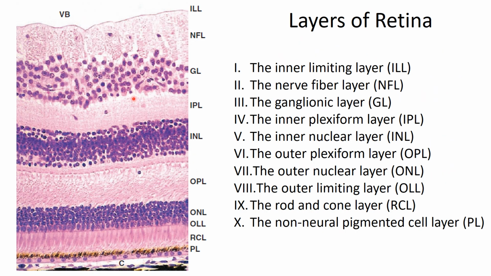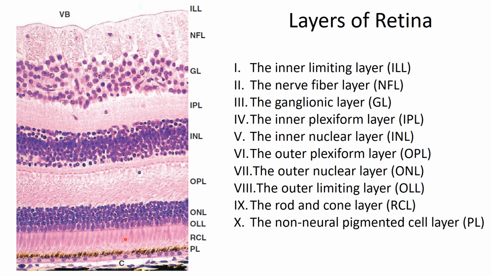Now this is in the histological section. We start with the outermost layer, which is the non-neural layer, or layer of the pigmented epithelium, in relation to the choroid and Bruch's membrane. This is the layer of the pigment cells.